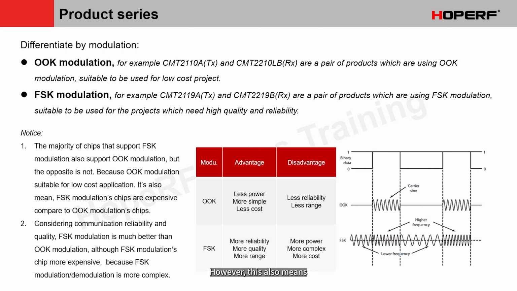However, this also means it requires higher transmit current than OOK at the same transmit power. Furthermore, FSK demodulation mode is more complex than OOK's. This leads to higher costs for FSK supporting chips. The above summarizes the comparison between OOK and FSK modulation and demodulation.